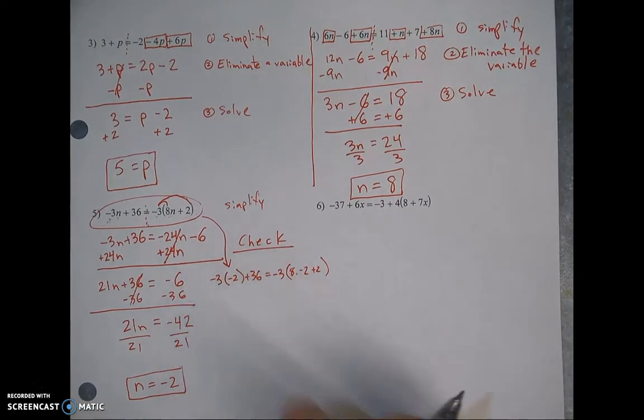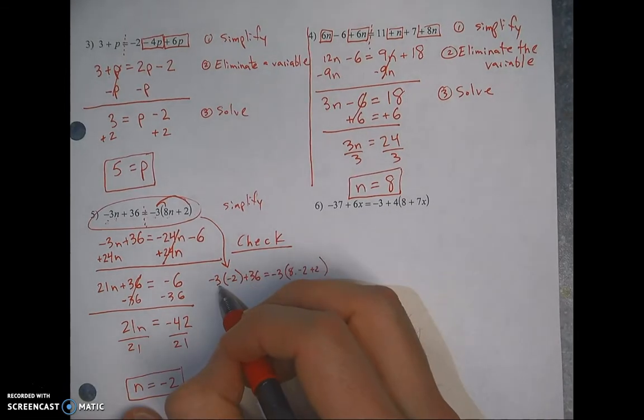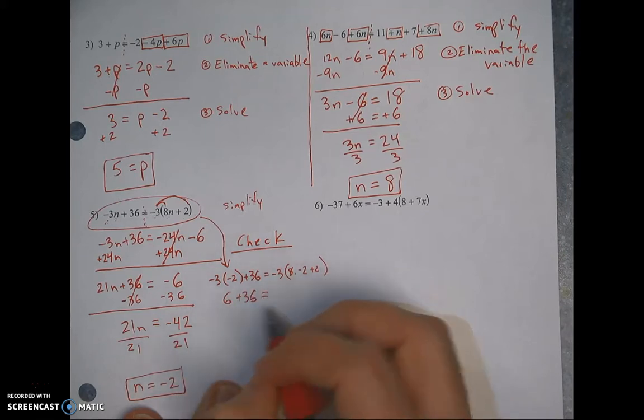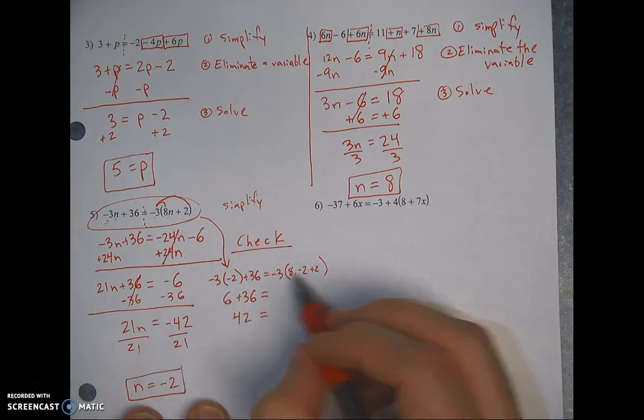And now we got work to do on both sides, so we can kind of do a little bit on each side as we go. So first thing on the left side I would do is multiply. So negative 3 times negative 2 is positive 6. And if you want to just go ahead and just finish it off right there, that should get me a 42. And then on this side, one step at a time, I'm going to do the inside of parentheses.